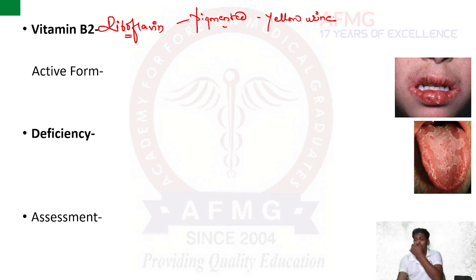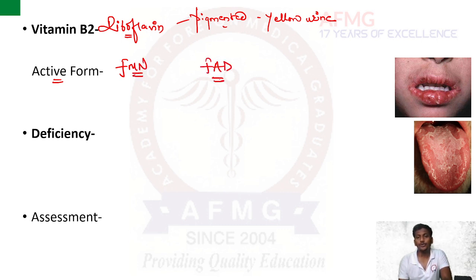Now, if I talk about the active forms of vitamin B2 or riboflavin, the forms would be FMN, that is flavin mononucleotide, and the other one would be flavin adenine dinucleotide. Both of these would be used as coenzymes. Flavin mononucleotide is usually used as a coenzyme in ETC complex 1, and in L-amino acid oxidase.